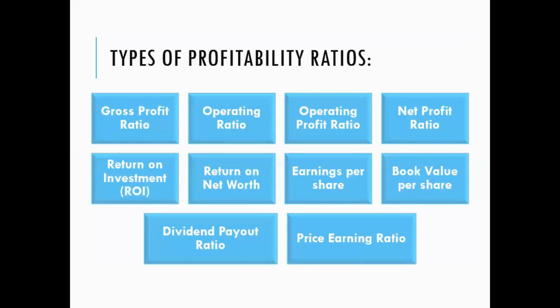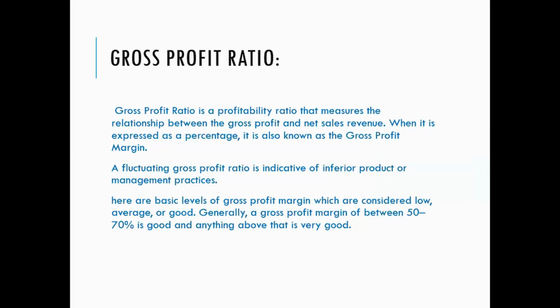Here are the types of profitability ratios: gross profit ratio, operating profit ratio, net profit ratio, return on investment or ROI, return on net worth, earning per share, book value per share, dividend payout ratio, and price earning ratio.